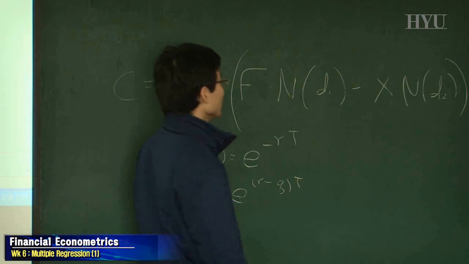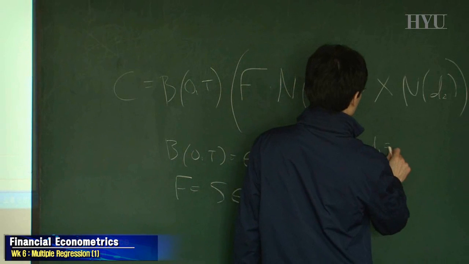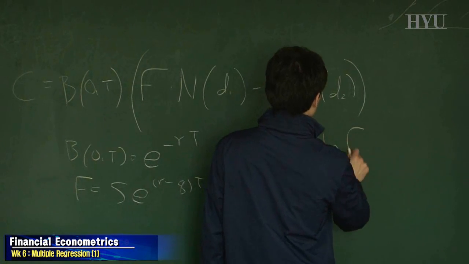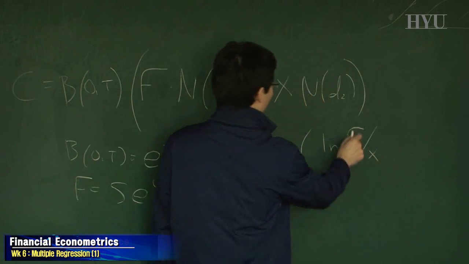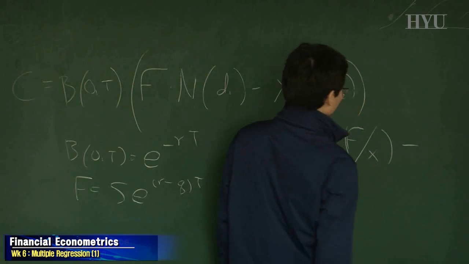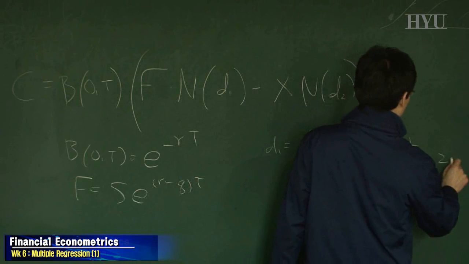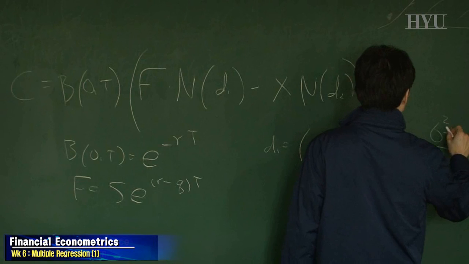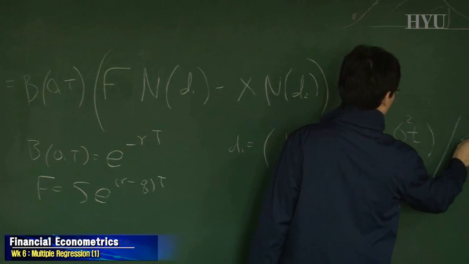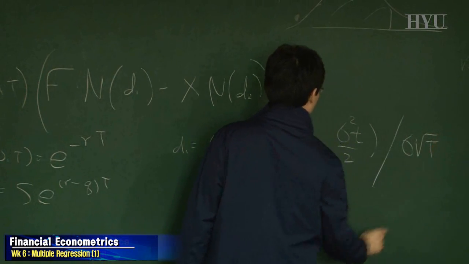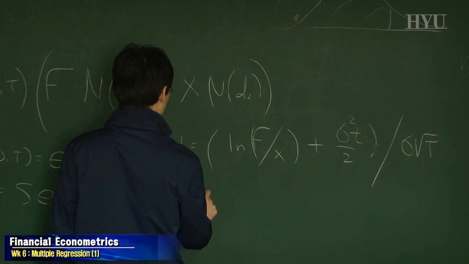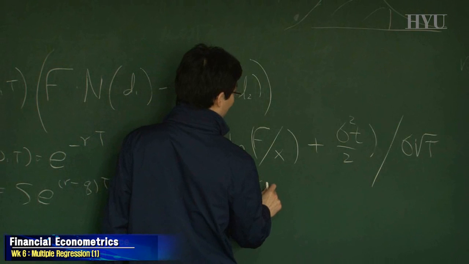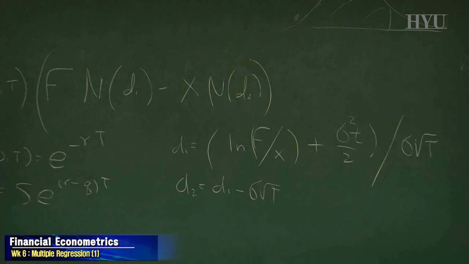And T1 is log, big T, okay? And T2 is T1 minus this part. Okay, this is the Black-Scholes formula.